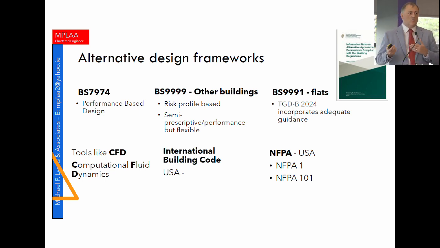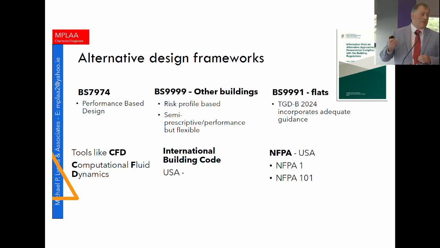It can be used in Ireland, and it has been used in Ireland, particularly for large American direct investment companies. But one of the things is that a licensed practitioner has to come and assess it. It's actually an American code, and it's very, very flexible and a very different basis to the likes of Technical Guidance Document B.